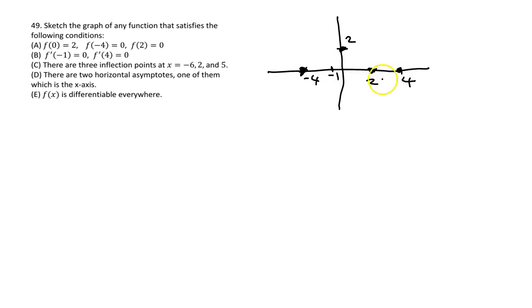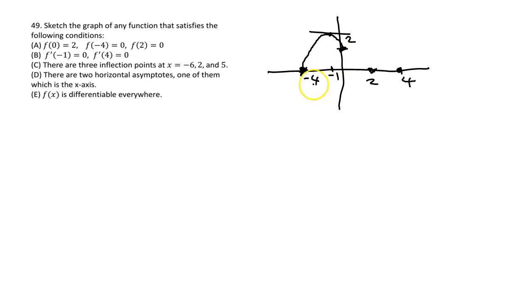These are the points where you have horizontal tangent lines. So the way you could have a horizontal tangent line is like this, or another way would be like going like that.